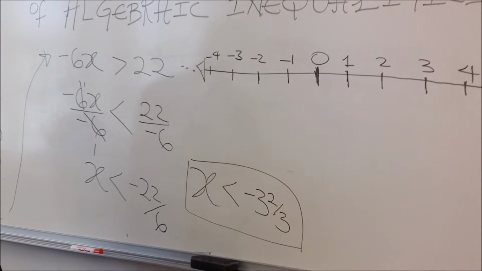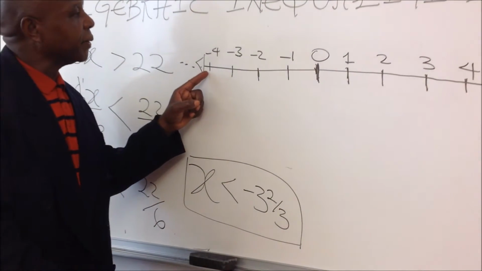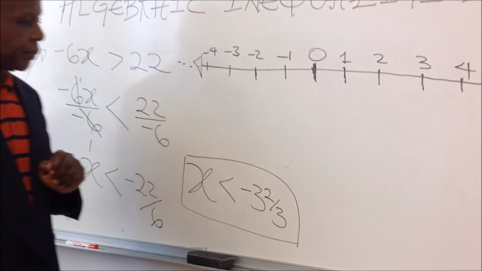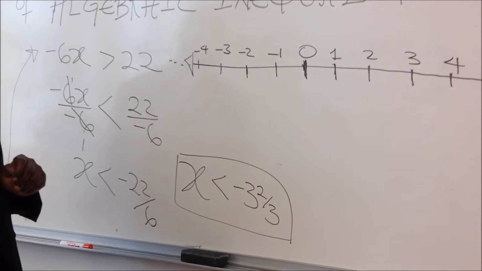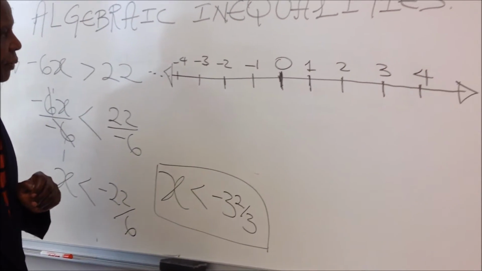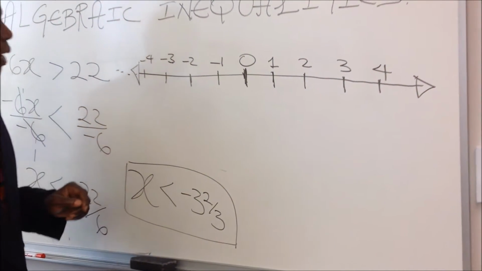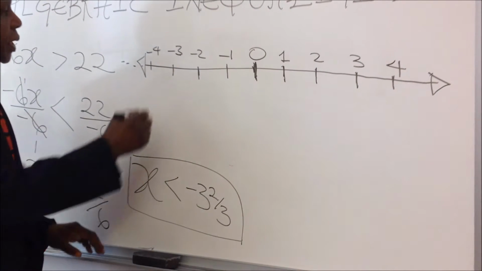Notice that this solution must be between negative 3 and negative 4. So negative 3 and 2/3, where would that be? So negative 3 is here.